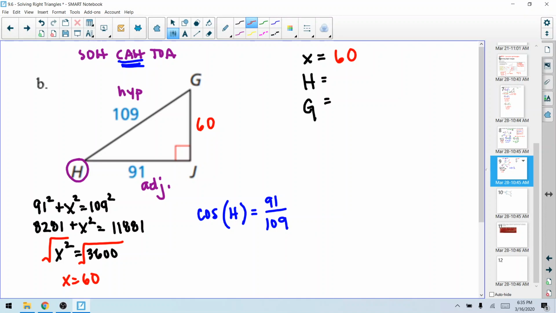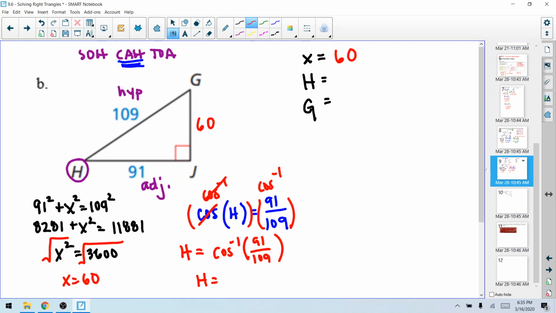We're trying to find a missing angle, so in order to get H by itself, I have to get rid of the cosine. The way we do that is we take an inverse cosine. Inverse cosine cancels cosine. H falls out. Then we have the inverse cosine of 91 over 109.